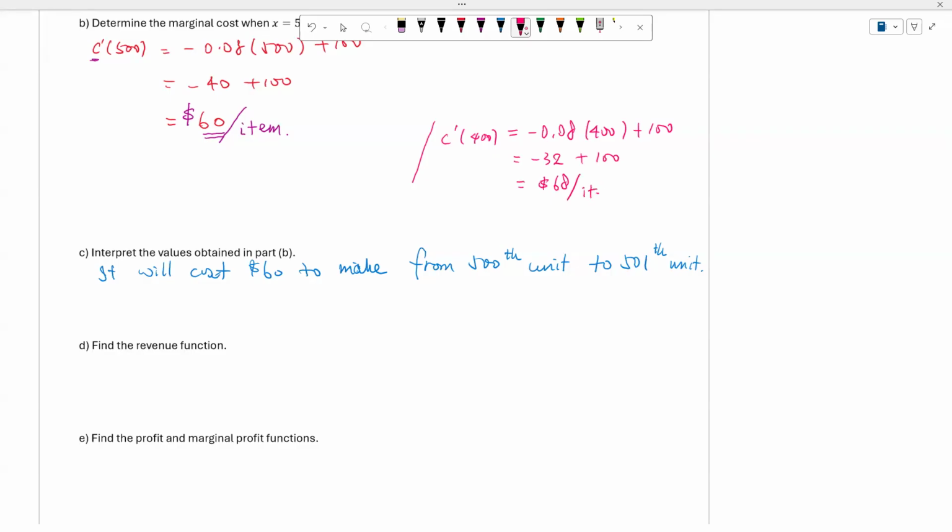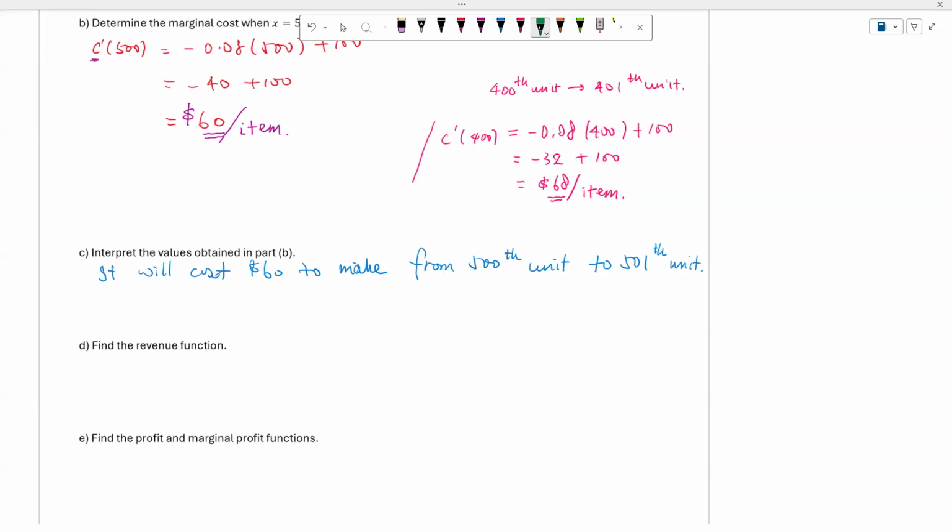Again, you have to understand what this $68 per unit means: when you make it from 400 units to 401 units, it will cost you $68. So this is the idea about the marginal cost.